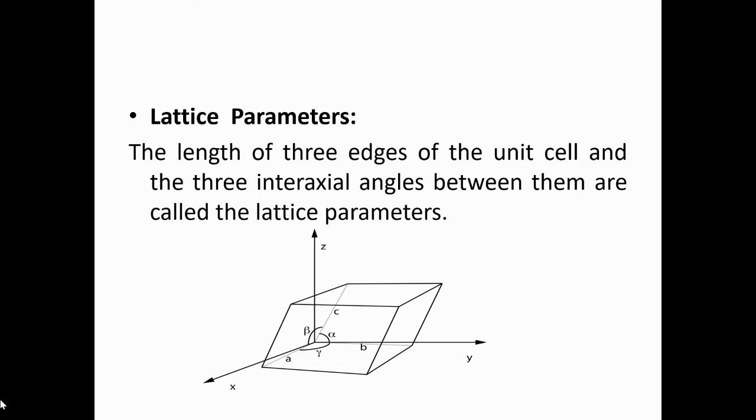In the x direction is a, in the y direction is b, and in the z direction is c. And the interaxial angle between a and b is gamma, between b and c is alpha, and between c and a is beta. Okay, so these are the lattice parameters.